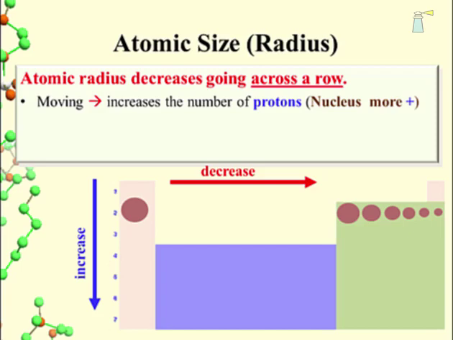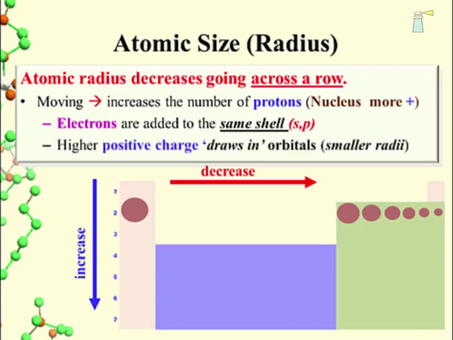More protons means a more positively charged nucleus. But in contrast to going down a column, in going across the row, electrons are added to the same shell, like to the 2s and then 2p. They are not added to a bigger shell. The effect is that the higher positive charge draws in orbitals and shells, resulting in smaller radii.